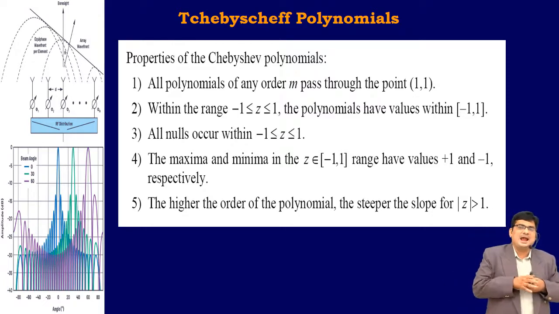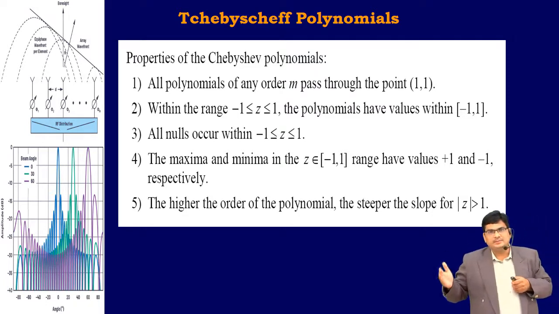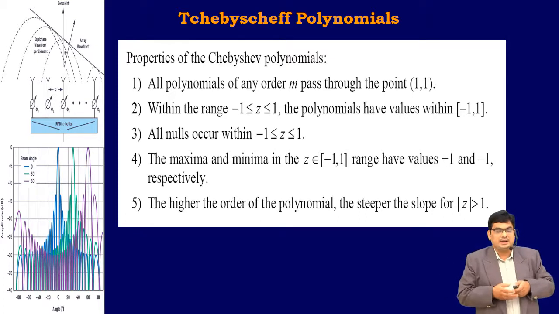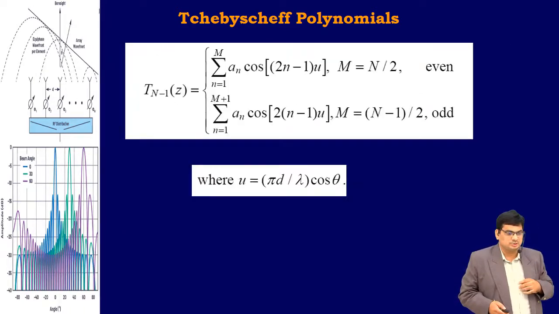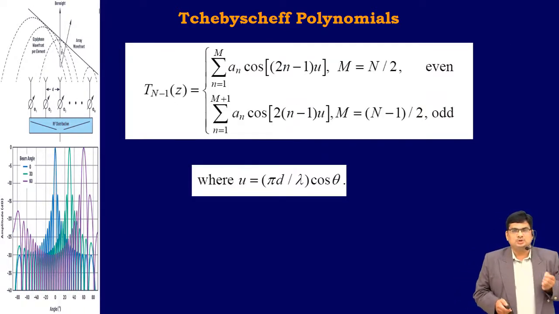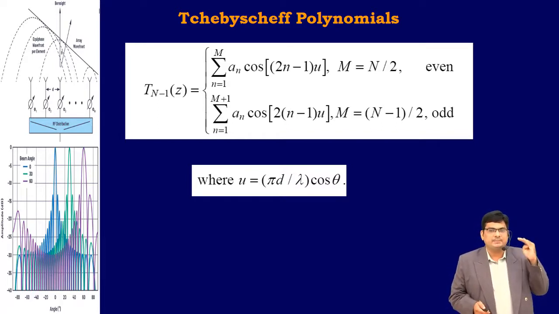Beyond this range, for x greater than 1, the higher order modes rise like a steep slope. And these are the two formulas for finding the radiation pattern for even elements and odd elements.